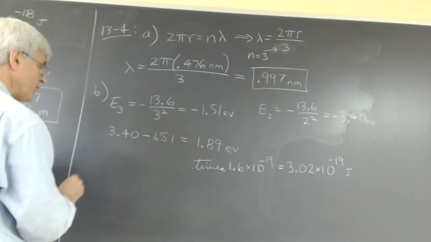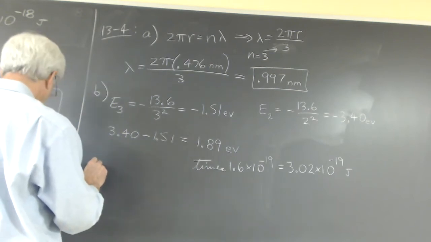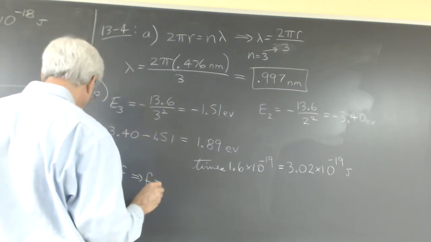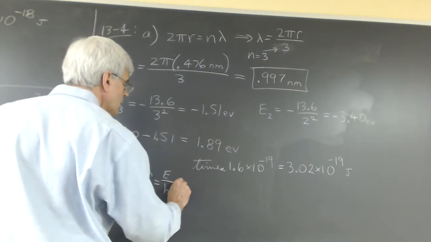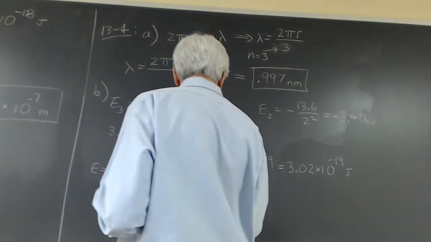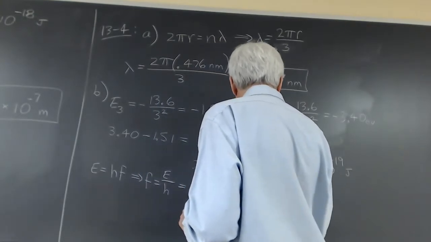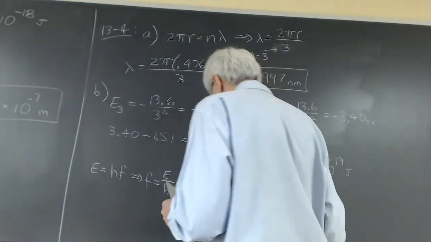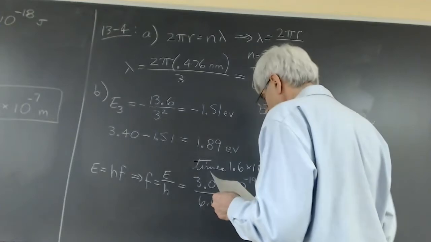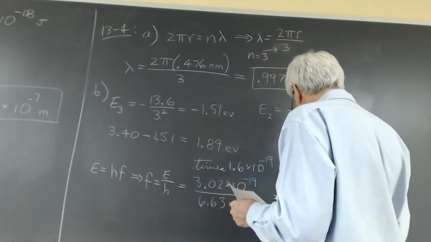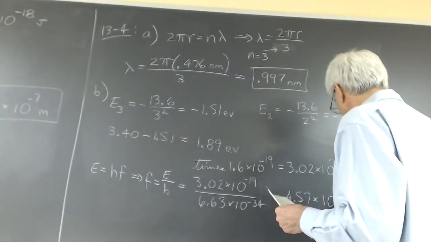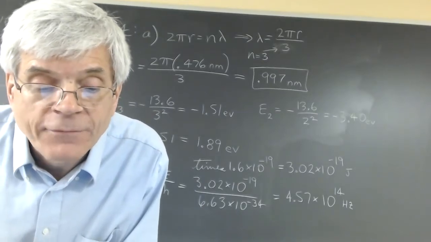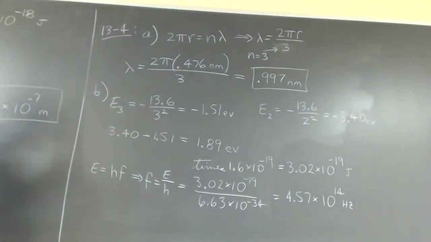I kind of combined things when I did it before, but if E is equal to HF, that implies that F equals E over H. So 4.57 times 10 to the 14 hertz is the frequency of this light.